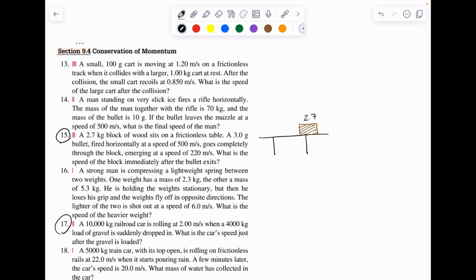All right, a 3-gram bullet is fired horizontally at a speed of 500 meters per second. I'm going to convert this to kilograms, right? Let's keep it all in SI units, 0.003 kilograms. And it goes completely through the block, emerging at a speed of 220. So this is before.